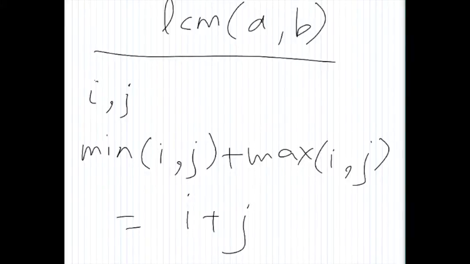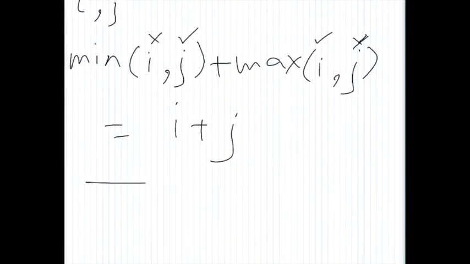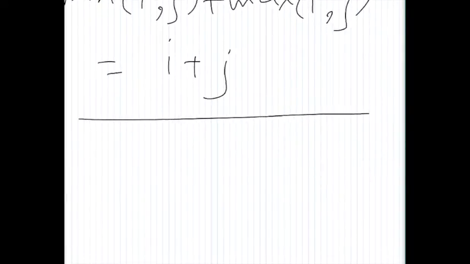Now if the minimum of them is j, then the maximum should be i, and if the minimum is i, then the maximum should be j. So in both cases, the minimum of two numbers plus the maximum of those numbers is equal to the sum of the two numbers themselves. Now let's see how we can apply this to the result we want to achieve.